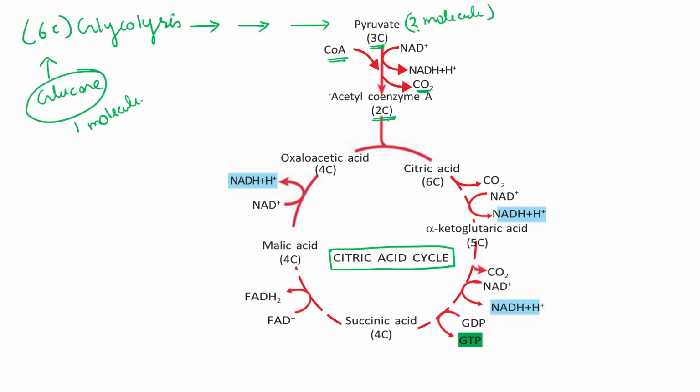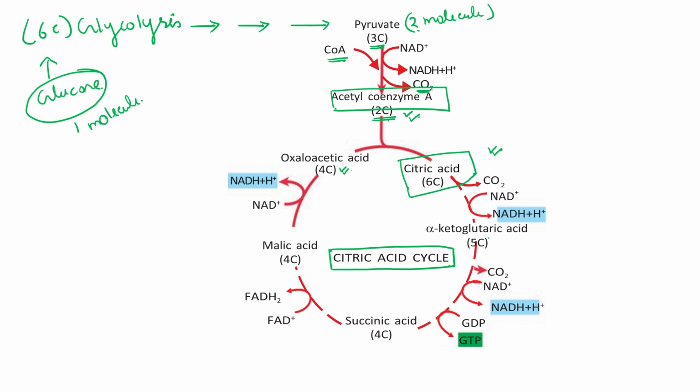So this acetyl coenzyme A enters this TCA cycle, and after combining with oxaloacetic acid, it produces its first product, that is citric acid. This is a 2-carbon molecule and this one is a 4-carbon molecule, so obviously it generates a 6-carbon acid, citric acid. This is the first product, that's why we use the term citric acid cycle. Citric acid contains 3 carboxylic groups, that's why we also use the term tricarboxylic acid cycle, right?